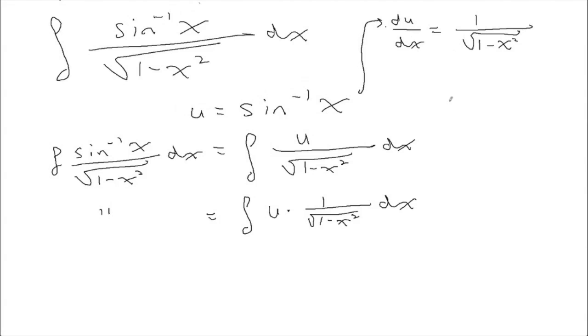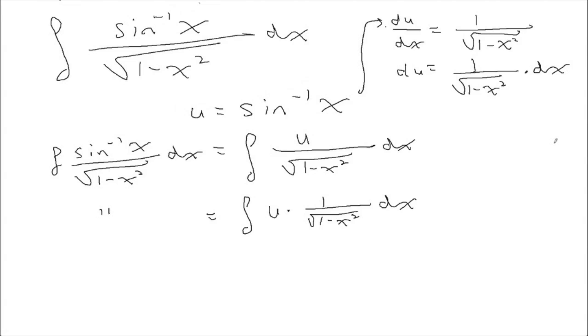Right. Now we can rewrite that as du equals 1 over square root of 1 minus x squared times dx. And now we can multiply by, well, yeah, we can multiply the left-hand side by 1. Actually, hold on one second. We divide it.